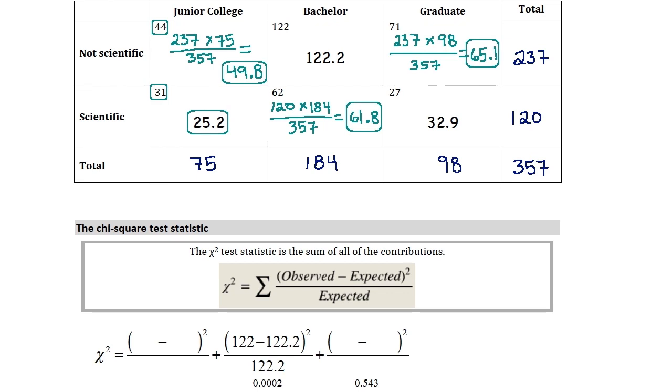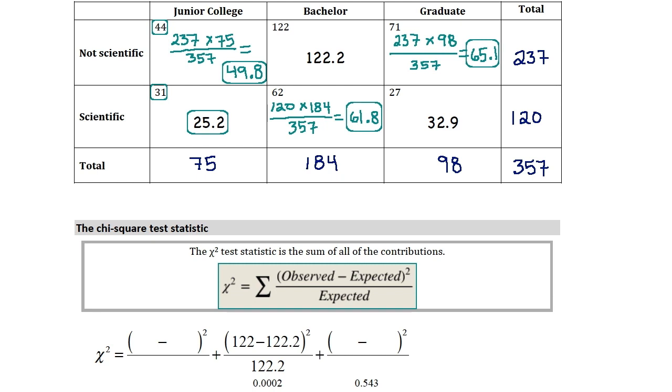The formula we use for this is, cell by cell, we go observed minus expected, squared. The squaring makes it positive and also makes it so that if the two numbers are farther apart, then the magnitude is going to be even greater than just the difference of the two numbers. And we always divide by the expected count, not the observed count.